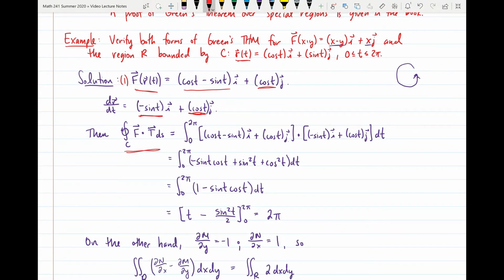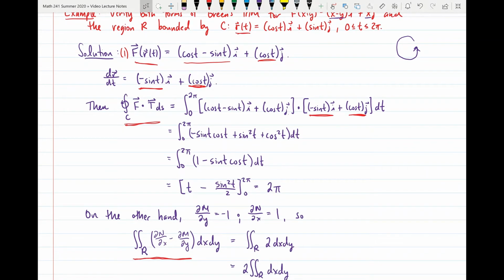Then the line integral of F dot T over the curve C will be equal to the ordinary integral from 0 to 2 pi of (cosine t minus sine t)i plus cosine t j, dotted with minus sine t i plus cosine t j.